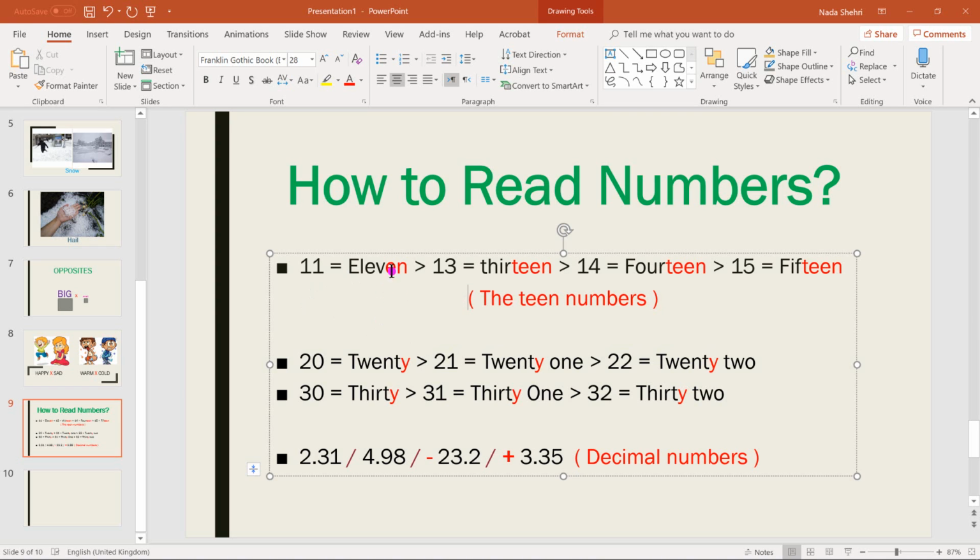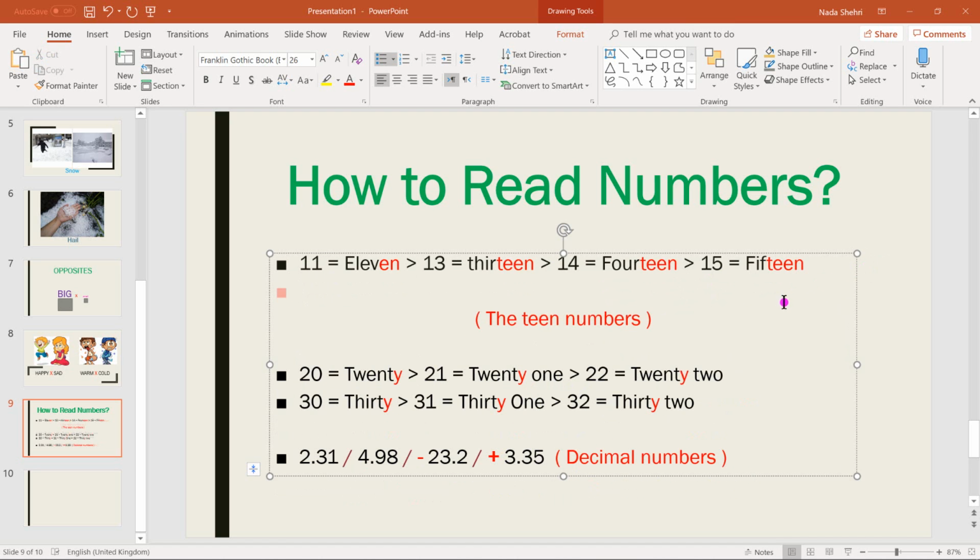So, starting from 11 to 19, we call those numbers from 11 to 19 the teen numbers. Why do we call them the teen numbers? Because here we have the teen at the end of them.